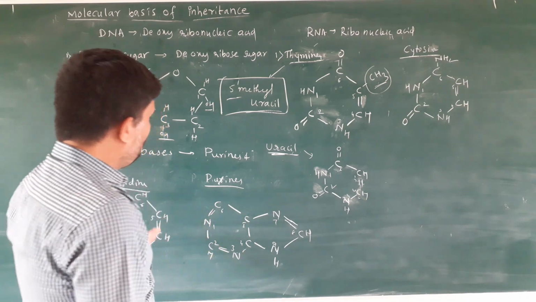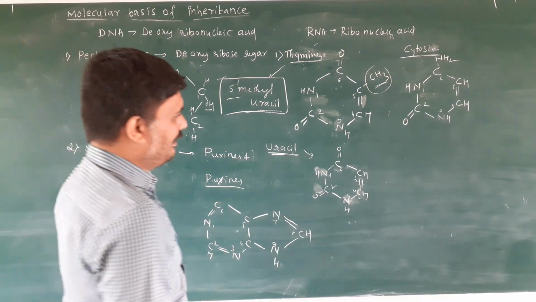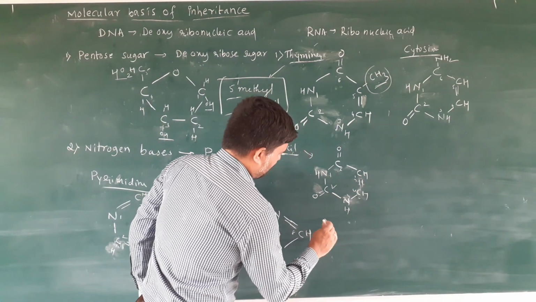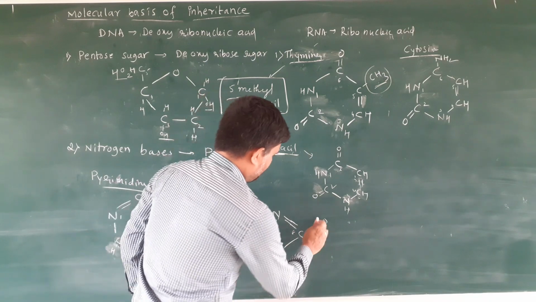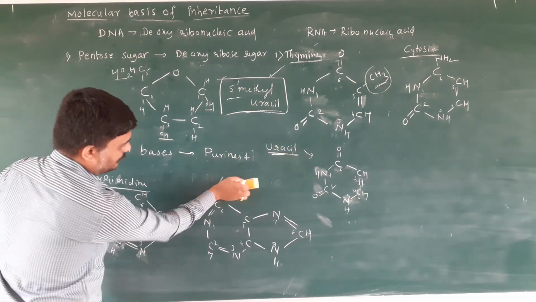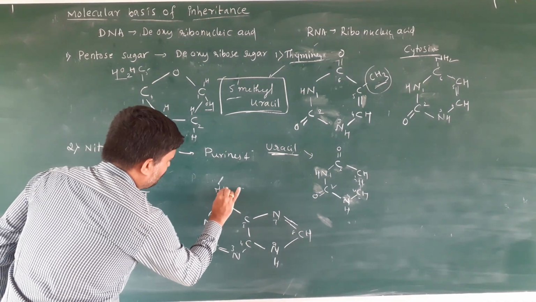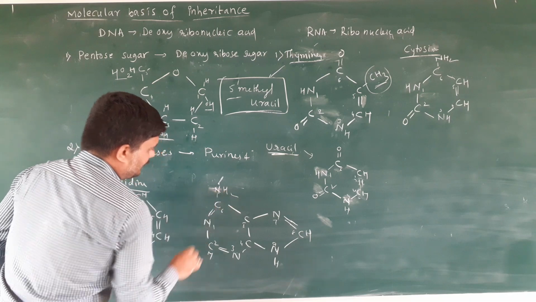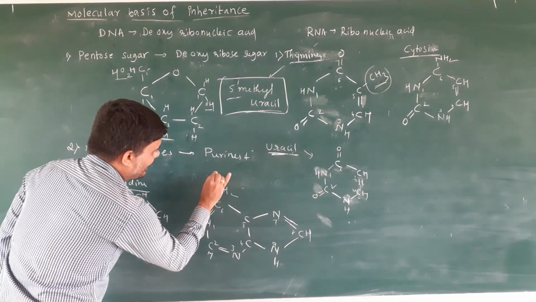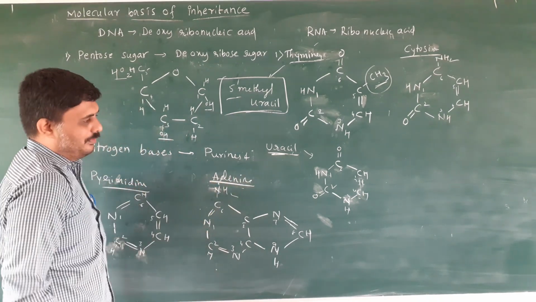The two bases commonly present in both DNA and RNA are the purines. Here I changed this structure because of the space. If an NH2 group is present here, it becomes adenine. This is the structure of the adenine molecule.